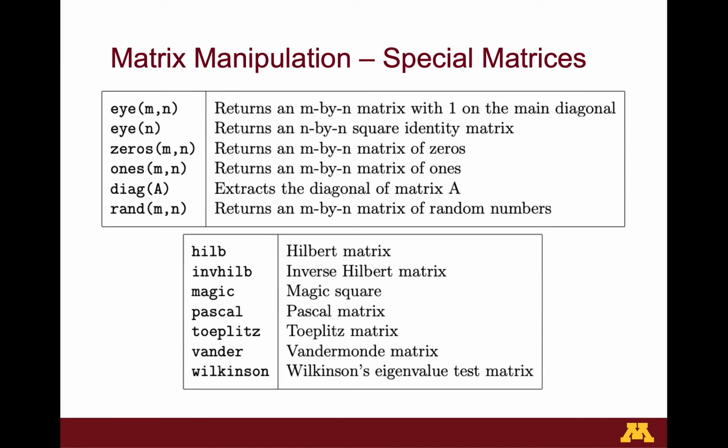And also, there is a very short video to show some special matrices, built-in matrix in MATLAB, such as I, which returns a m by n matrix with 1 on the main diagonal. And you already know zeros and ones built-in functions, which can make m by n matrix of zeros and ones.